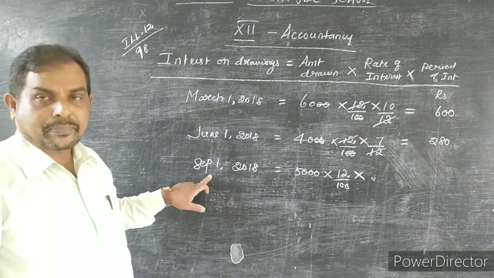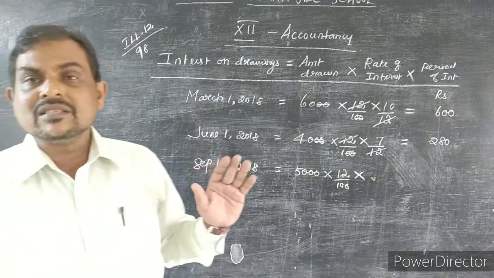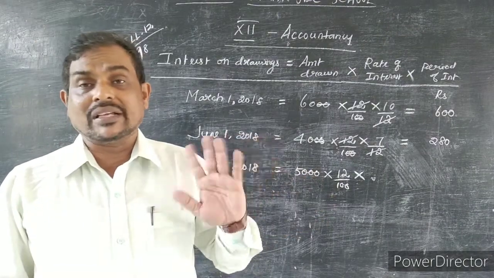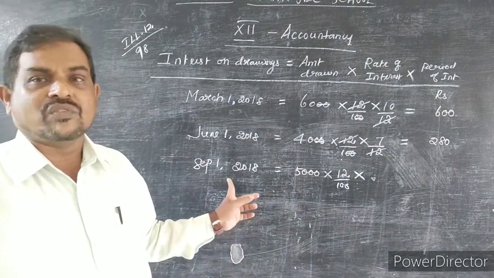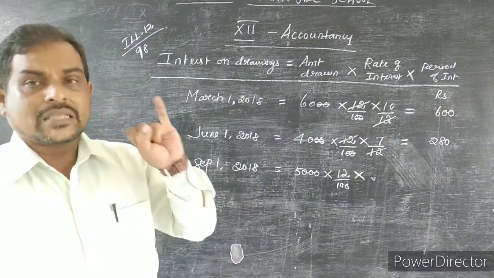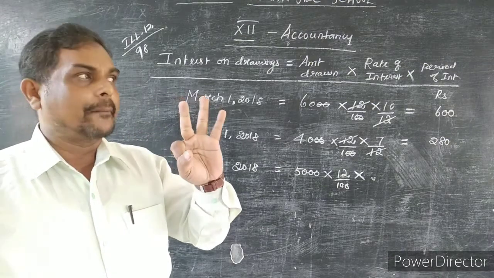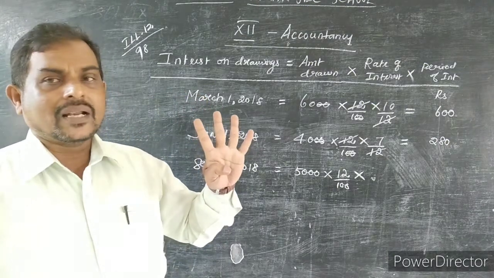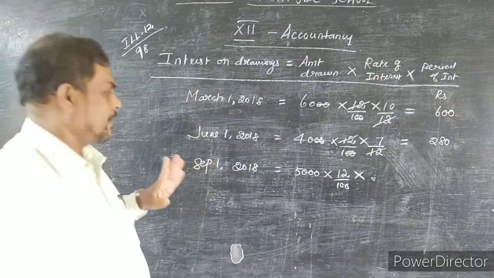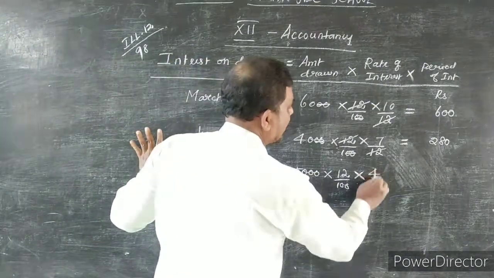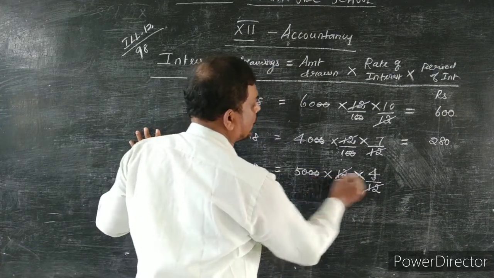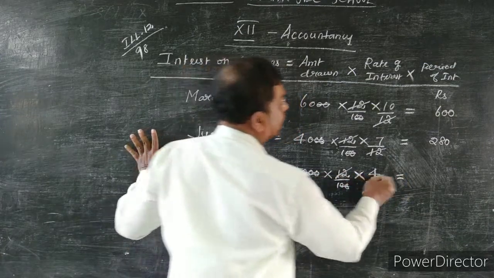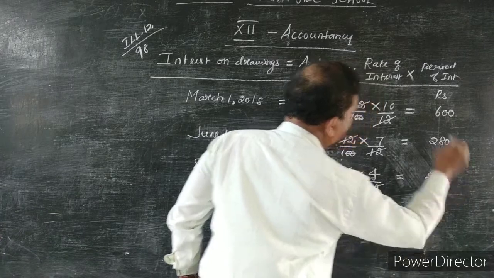September 1 means we have to take the September month as well: September, October, November and December. 4 months, so 4 divided by 12. The 12 will be cancelled, 20 will be cancelled, so 50 into 4 is equal to 200 rupees.